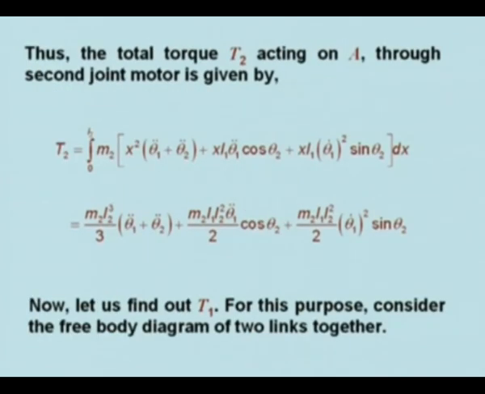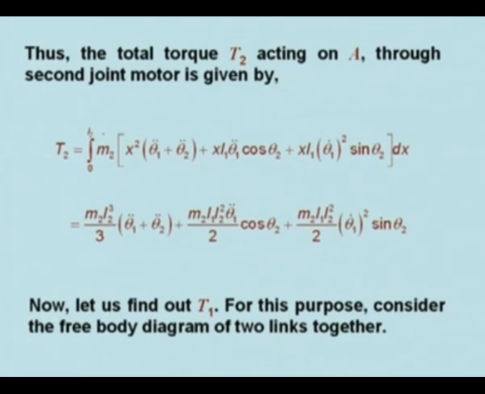Thus the total torque T2 acting on A through the second joint motor is given by T2 equal to the integral of m2 [x square (theta 1 double dot plus theta 2 double dot) plus x L1 theta 1 double dot cos theta 2 plus x L1 theta 1 dot square sin theta 2] dx. We have to integrate this from 0 to L2.